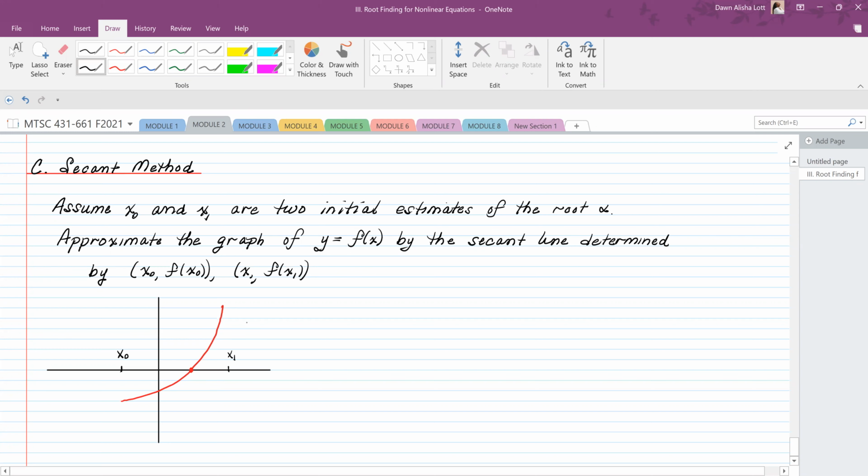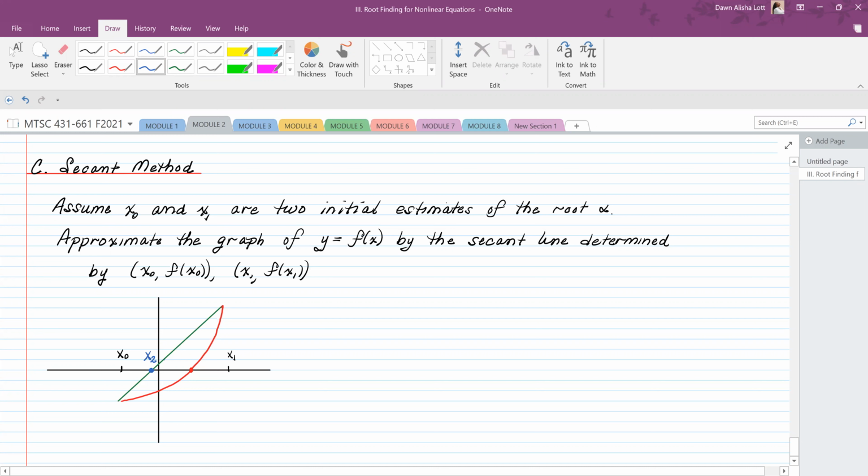Now I'm going to draw the secant line between them. When I draw the secant line between them, I get a guess where it crosses the axis. That would be my point x2, my next guess.